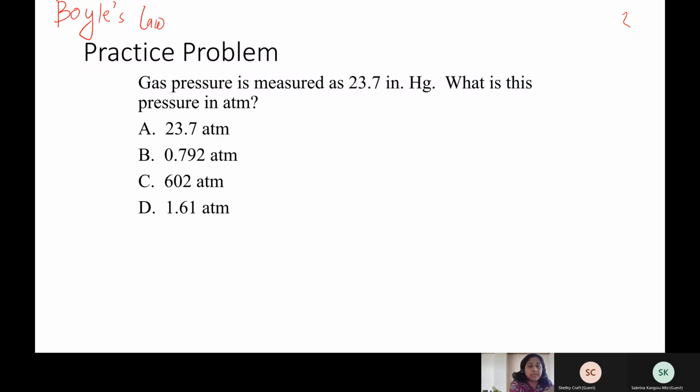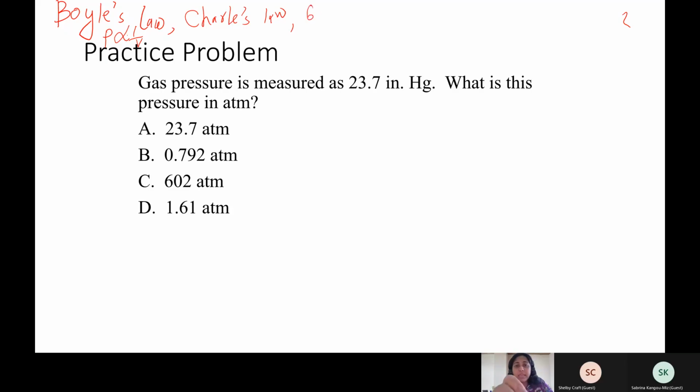Boyle's law says the pressure is inversely proportional to the volume, right? And Charles's law describes the relationship between the volume and the temperature.